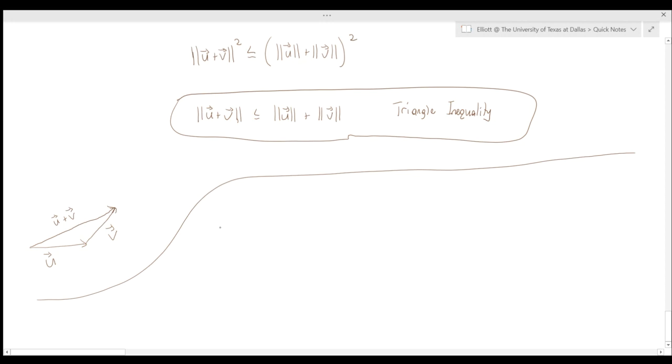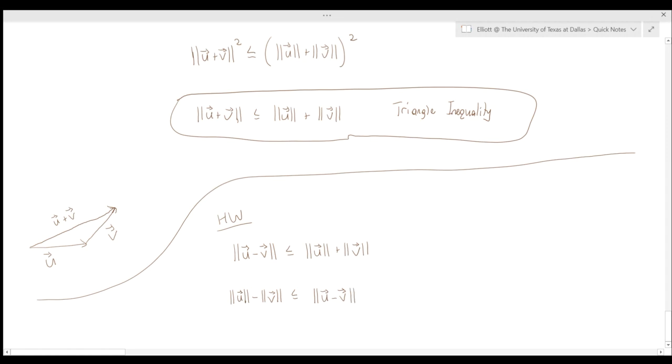So you were asked to show that the length of u minus v is also less than or equal to the length of u plus the length of v. And then the other one, which is a little bit more tricky, was that the length of u minus the length of v is less than or equal to the length of u minus v.